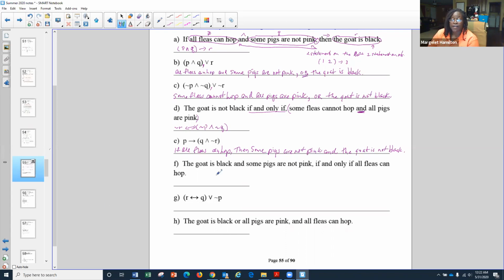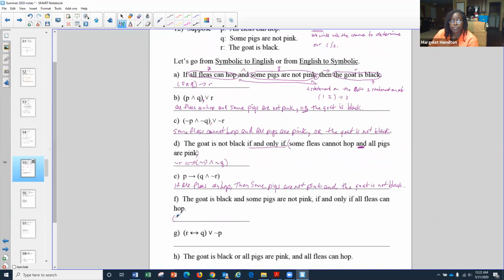Here we are with F. It says the goat is black, and the pigs are not pink, comma, if and only if all fleas can hop. Right there, I see I should be leading off with some parentheses. It says the goat is black and some pigs are not pink. So the goat is black should be R. And some pigs are not pink, that is your Q. Then close up that parenthesis.